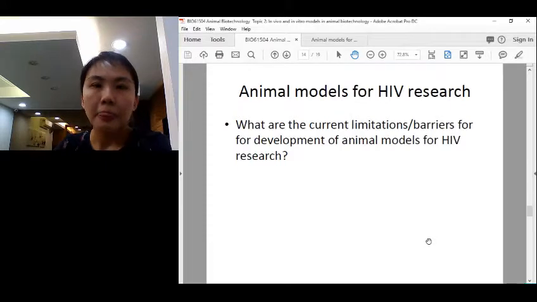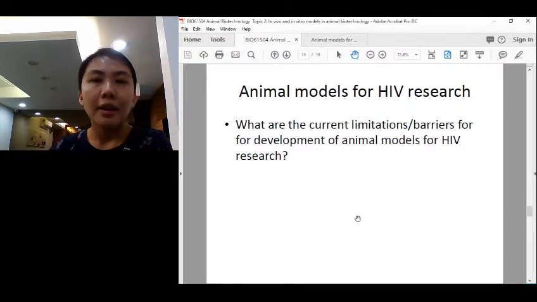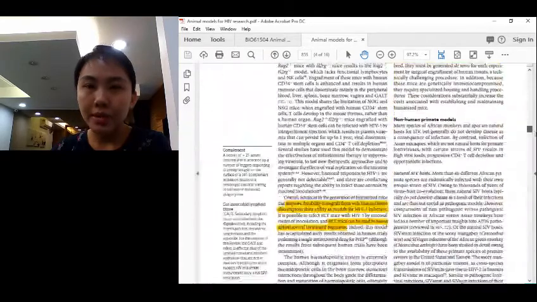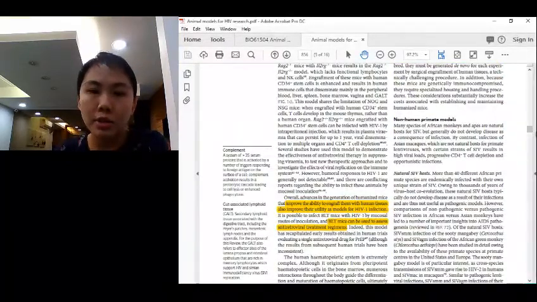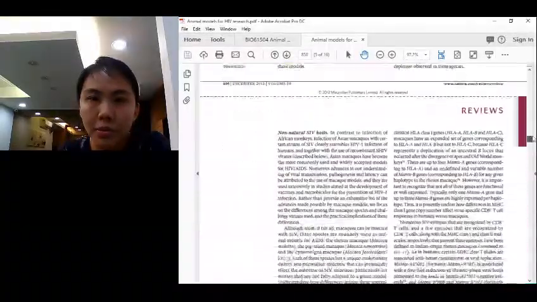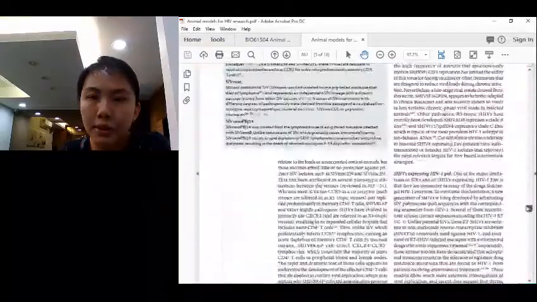All right. So what are the current limitations and barriers for development of an animal model for HIV research? This is a very important question for you to address, and we always look at the journal article to help us understand the current limitations.